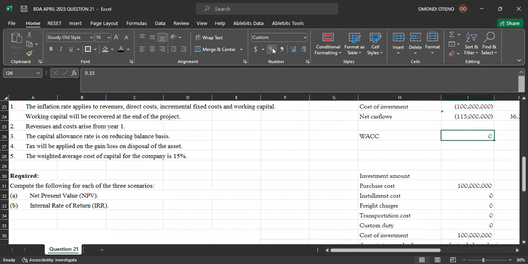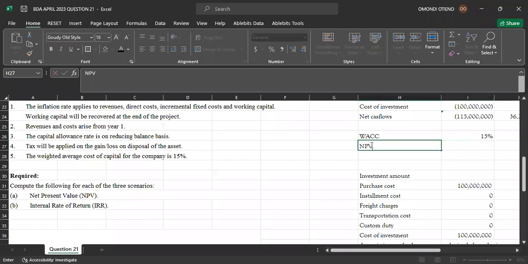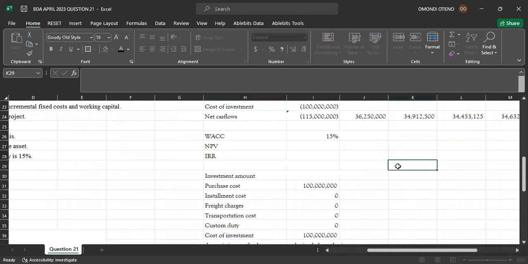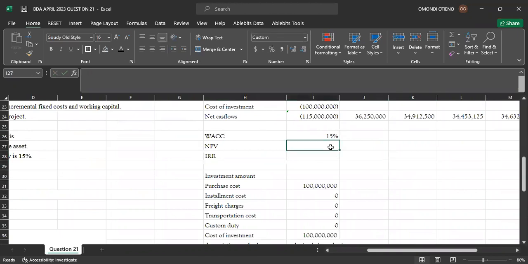If you already have that, do you think it is now possible for us to get net present value and then internal rate of return? At this point, I think you are now okay. So long as you have the net cash flows, you cannot be defeated. You cannot manage to say that you are not able to calculate NPV. So I want you to get me the NPV.